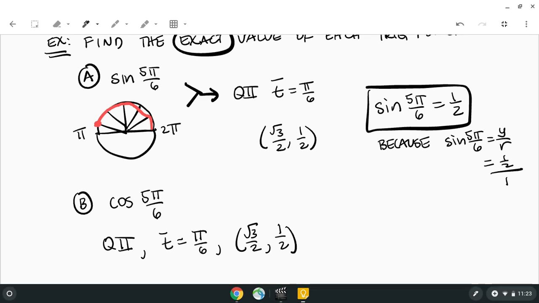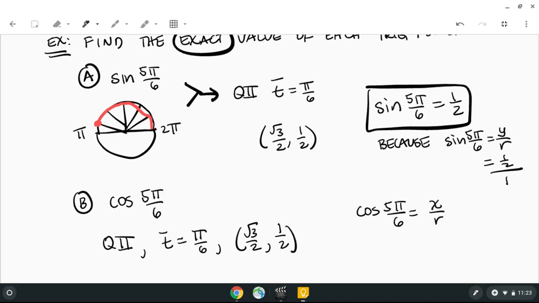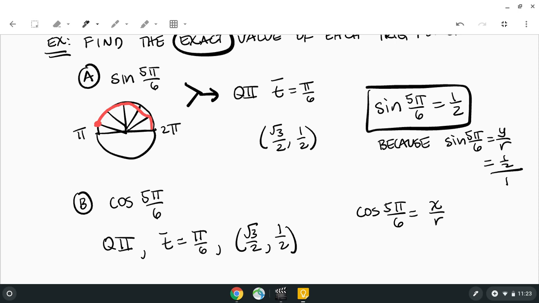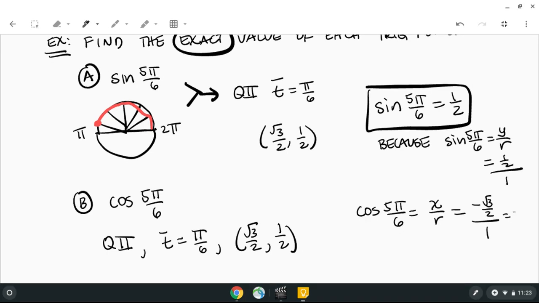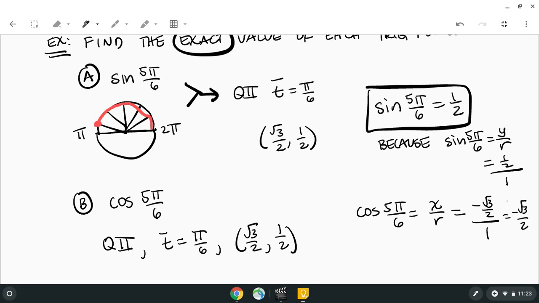And so cosine of 5 pi over 6 is x over r. My x value in quadrant number 2, x values are negative, and my radius here is 1. So that's just going to be negative square root 3 over 2.